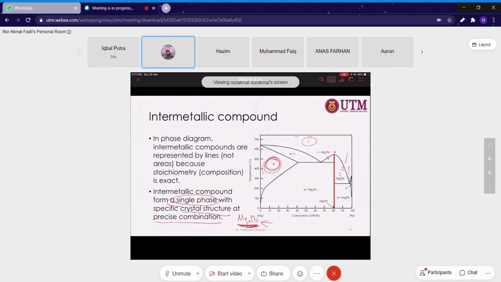So this goes to this point and liquid goes to this point. That's the reason we get liquid plus magnesium 2 plumbum. Any questions? Do you understand? Can you follow? Yes. All right, very good.